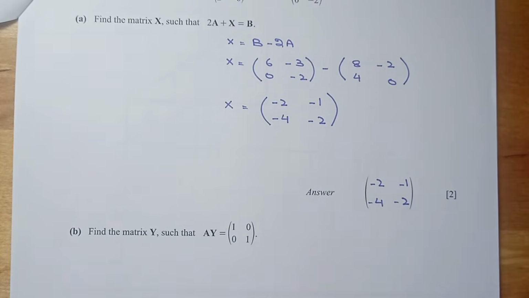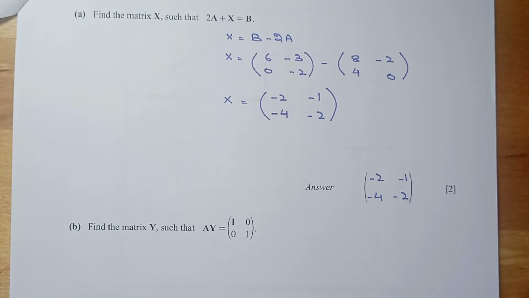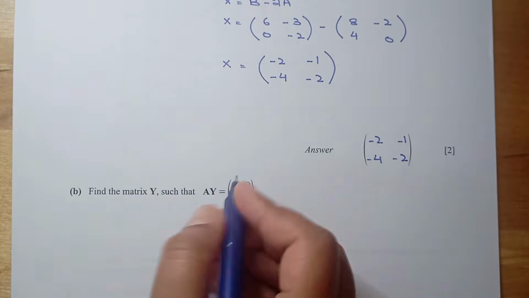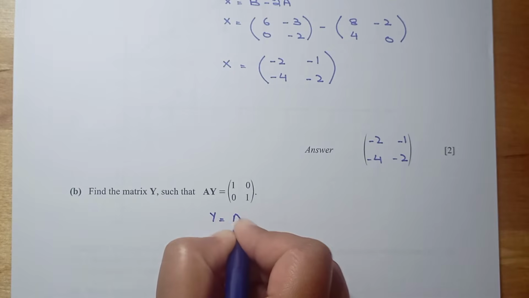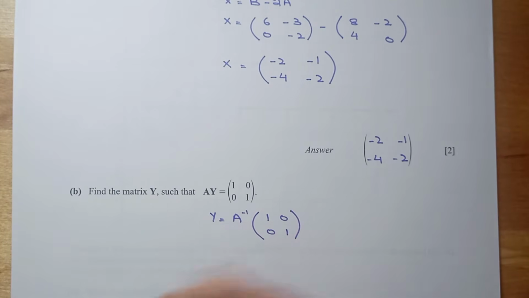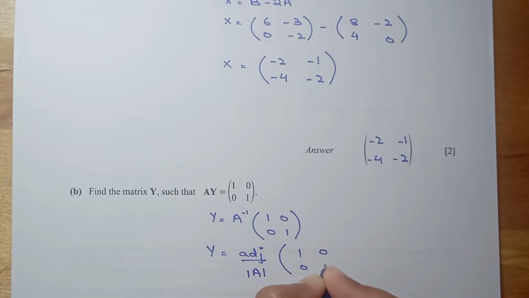Now for the B part, find the matrix Y such that AY is the identity matrix. Okay, so how can we find Y? By doing A inverse times the matrix 1, 0, 0, 1. Right? So A inverse is basically the adjoint of A over the determinant of A, times 1, 0, 0, 1.